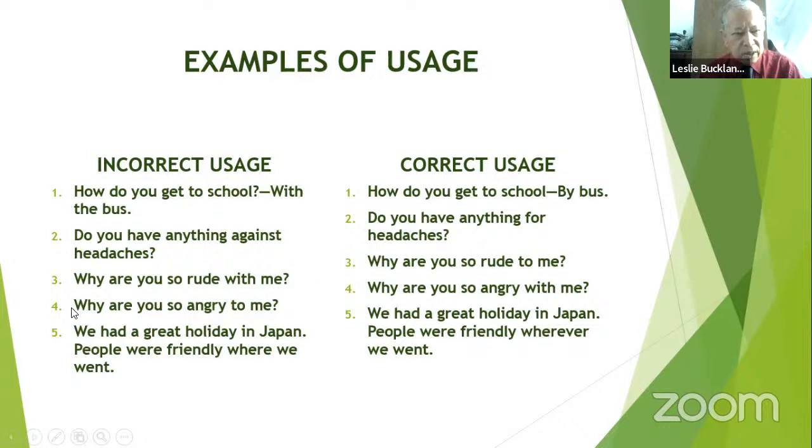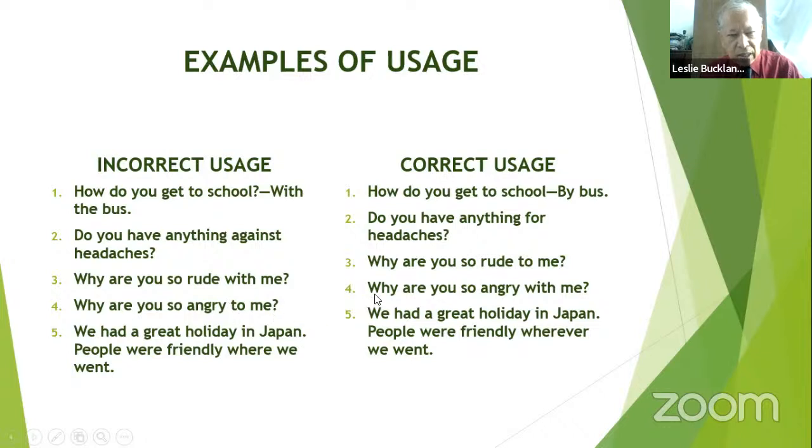The incorrect usage for number 4. Why are you so angry to me? We don't ordinarily say to when we are speaking about somebody being angry with another, even though basically we understand that the anger is directed towards this other person. We don't ordinarily use to.